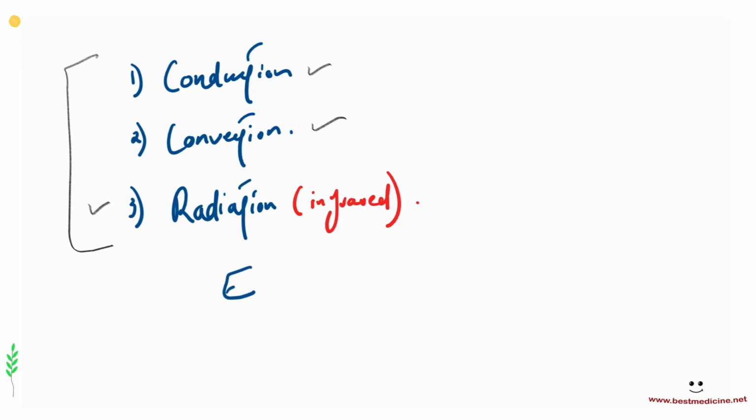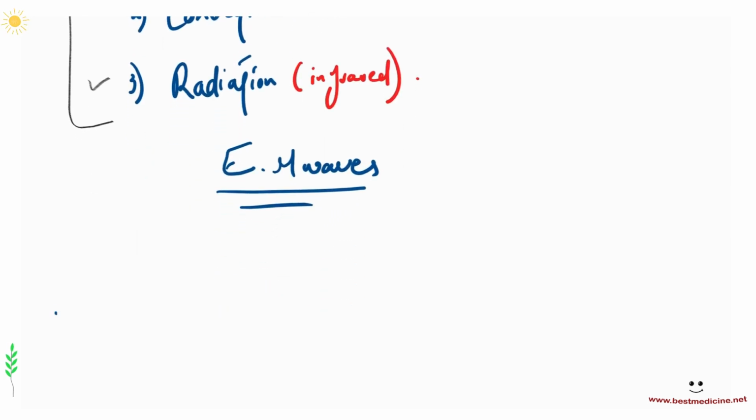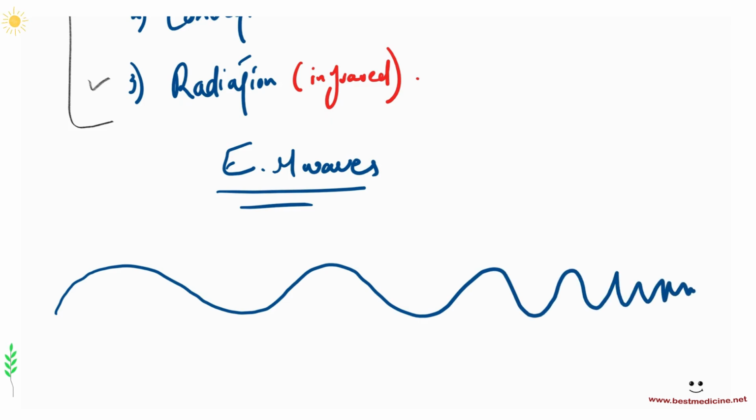And electromagnetic waves, right, have this order, from the highest wavelength to the lowest wavelength. It becomes very high frequency and low wavelength. So we start with radio, right, and microwave and infrared, and then visible light and ultraviolet and X-rays and gamma rays and so on.